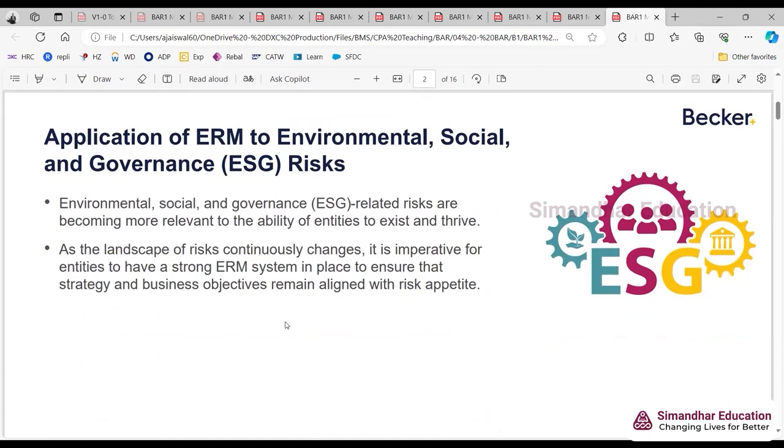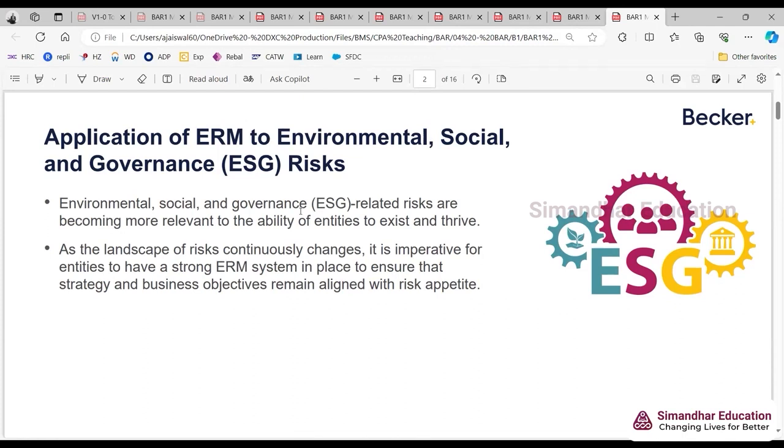In today's world, if we are not looking at these environmental, social, and governance issues, those risks, then we may not be accepted by the new age shareholders, because they care for the environment, the society, and the governance also.